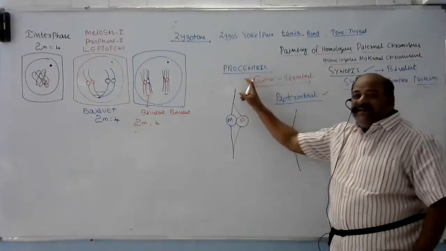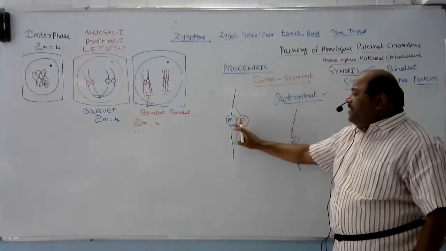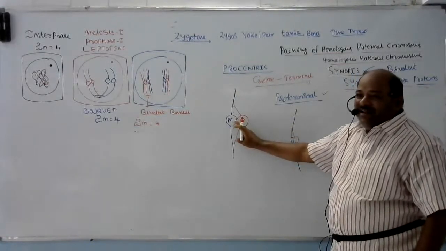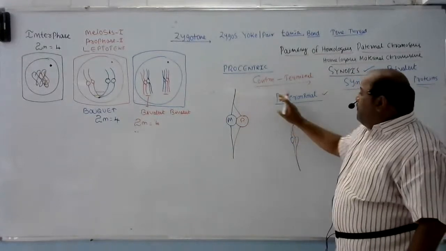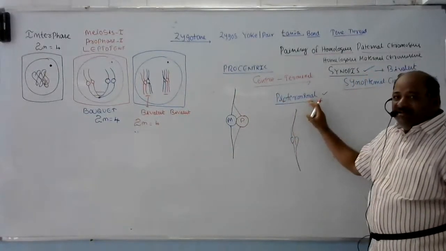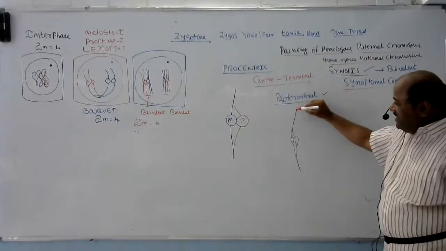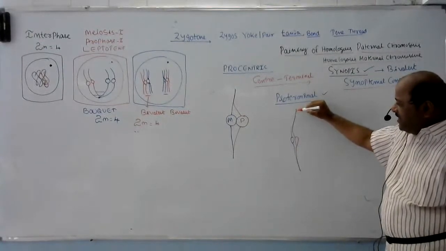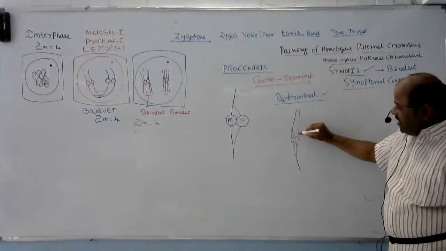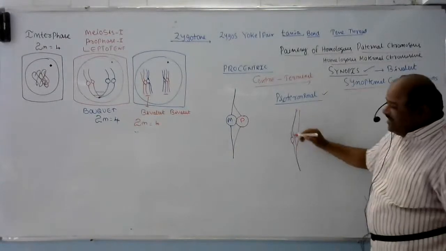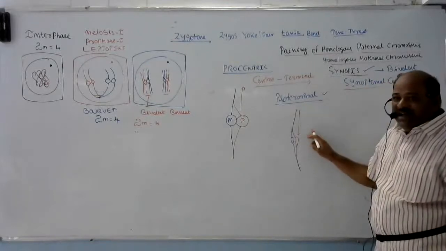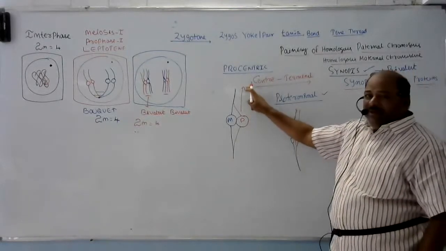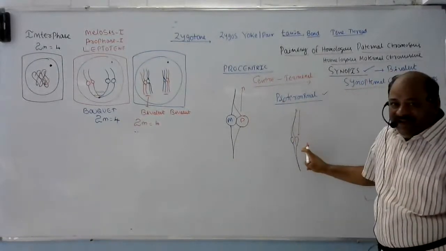So procentric means pairing happens from the center and moves towards the terminal region. Proterminal synapsis means the process initially happens at the terminal region and moves towards the center. Here center to terminal, there terminal to center.